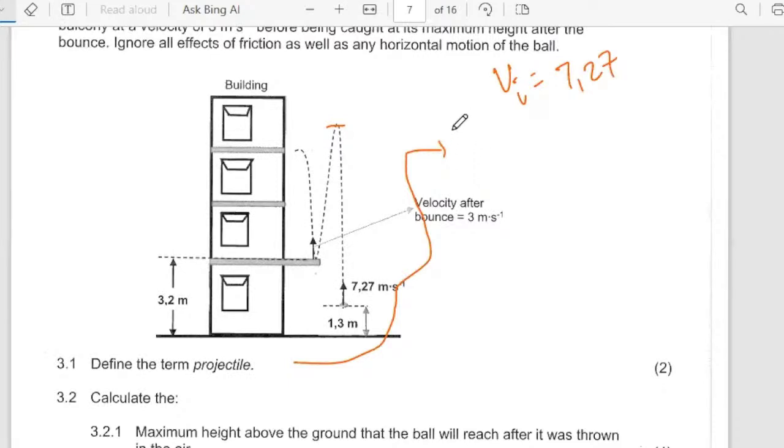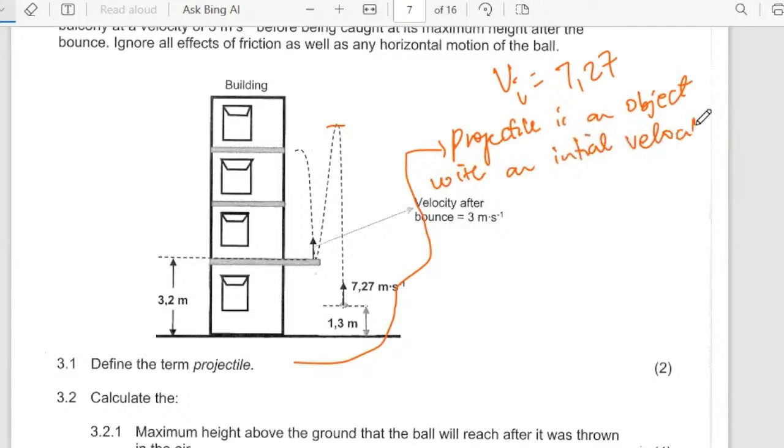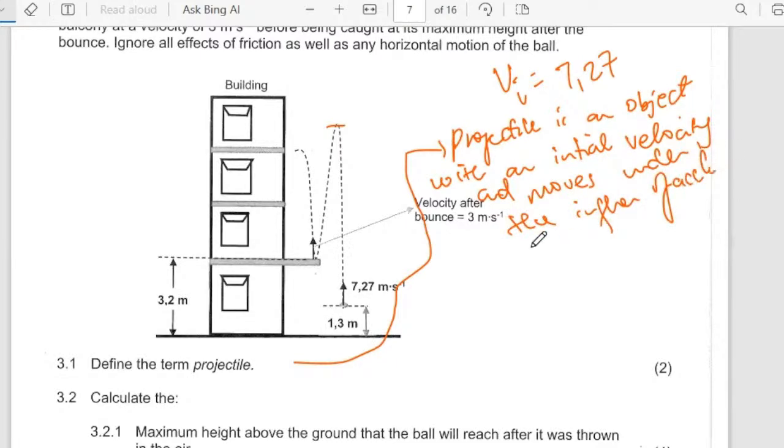So we're saying a projectile is an object given an initial velocity, and then moves under the influence of the acceleration due to gravity.